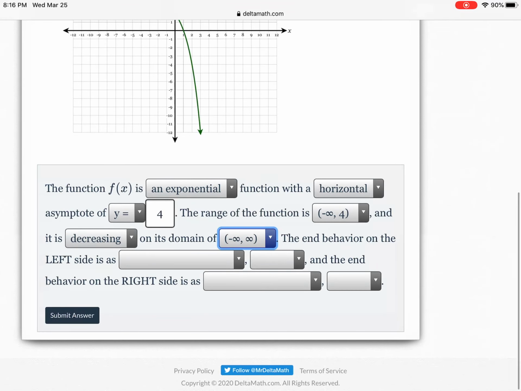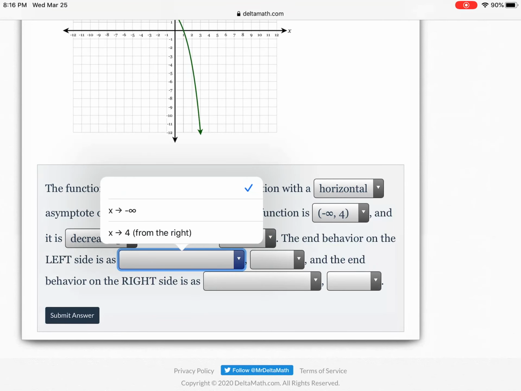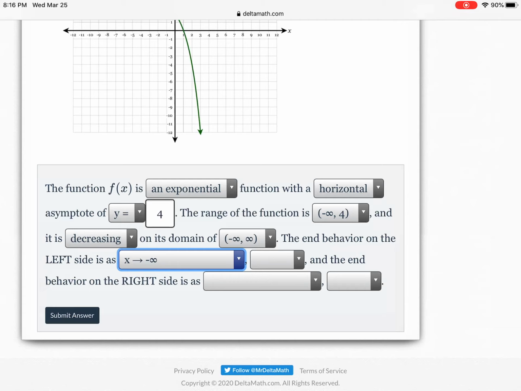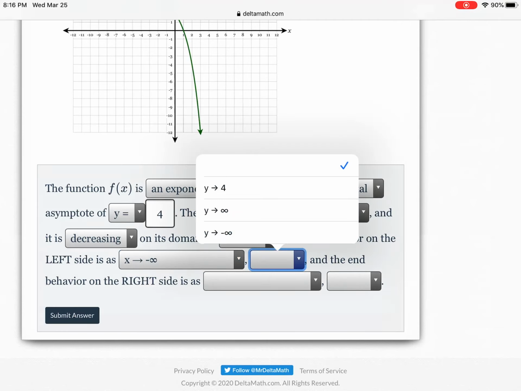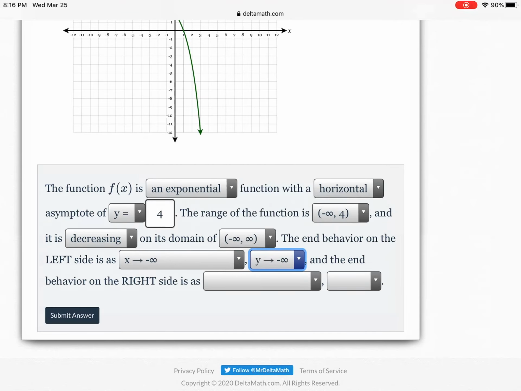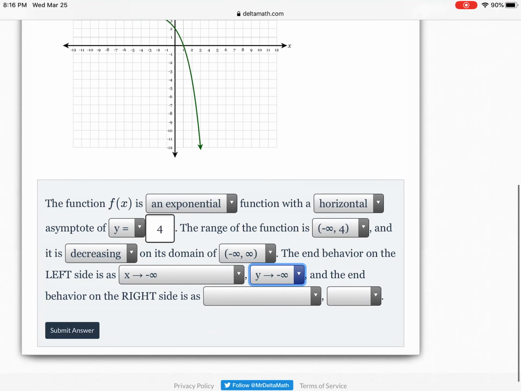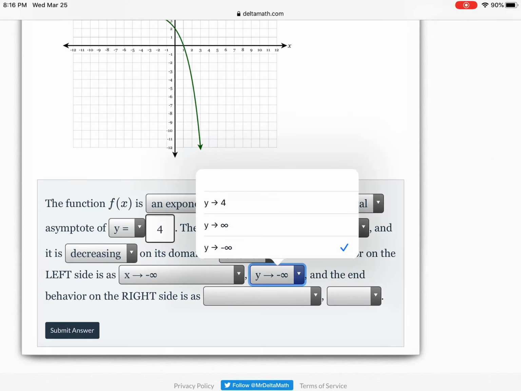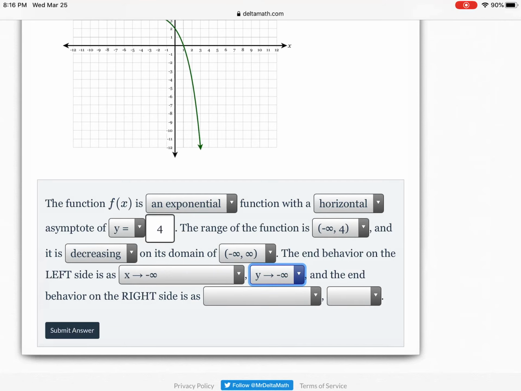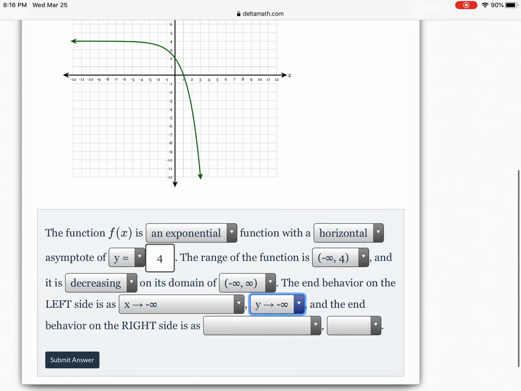So on the left side, I look at the left part of the domain, and it's negative infinity.